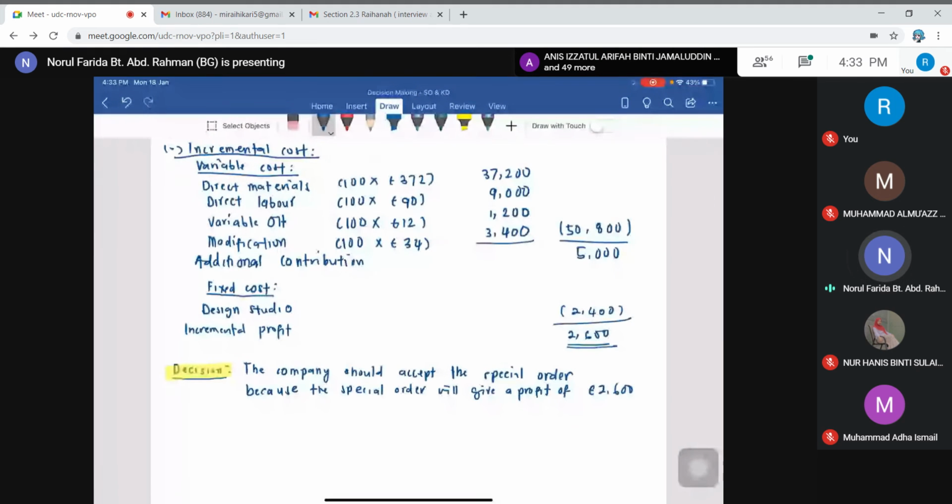Dia dapat kosong. Okay, kalau kosong, condition dia adalah sama ada you boleh accept, you boleh reject. Okay. Yakin tak dengan jawapan saya? Yakin Miss, yakin. Bila Miss dah cakap tu kita yakin je lah.